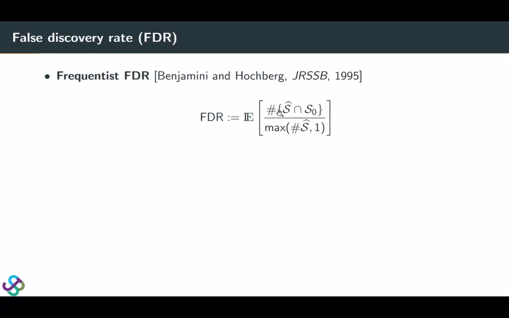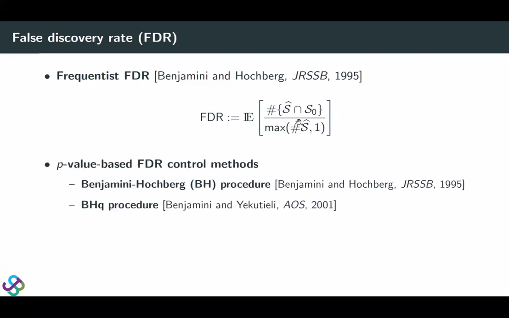The numerator is the number of false discoveries, which is the intersection of our discovery set and our null set. So these are false. The denominator is the number of discoveries, and we take at least one in the denominator to make sure we don't have a division by zero issue. For p-value based FDR control, this is the procedure Benjamini and Hochberg used in the original paper that introduced FDR.